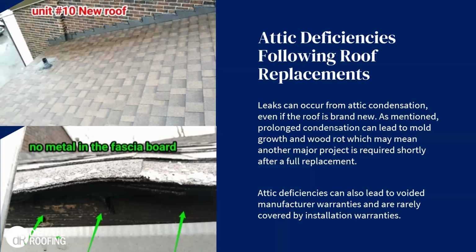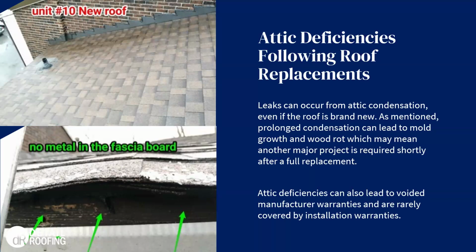So again, I had mentioned earlier in the presentation that one of the issues that we come across most often, especially when it comes to new roof installation, is that there's either not a metal drip edge or not any sort of waterproofing underlayment along that bottom row of shingles, which, if there is ice damming occurring, it is very easy for the water to back up under these shingled areas and cause a leak into the area below.